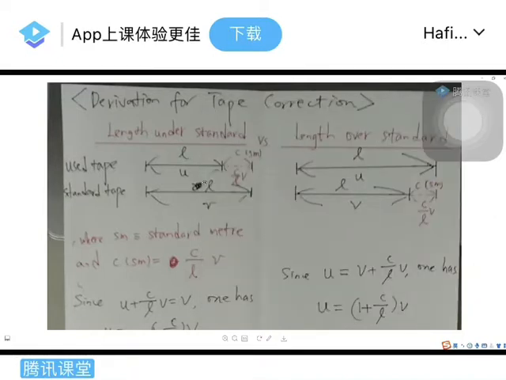From the physical one, the length of this I already wrote, and in total is V. This physical one is C divided by L times V. So this is also the physical one in V.